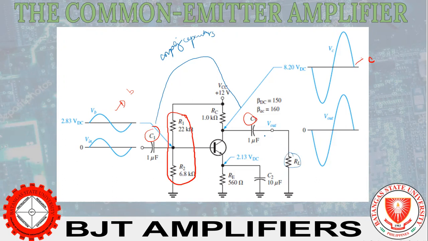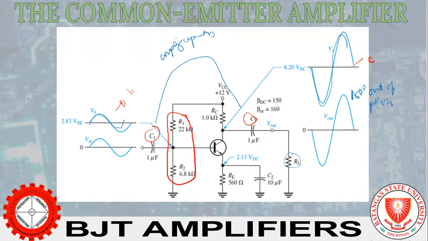So we can see that the amplified output voltage is 180 degrees out of phase. So, di ba? Pag ganito siya, in-amplified natin, pero bumaliktad siya. Kaya siya ay 180 degrees out of phase.